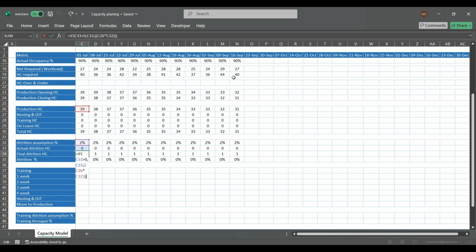However, we have considered the assumptive head count here. Okay, and apart from that we would need to calculate the attrition percentage, so we would need to add first the numerator: actual attrition head count, divided by the average production head count, considering the average between opening head count and closing head count for production. Row number 23, 24. Okay, so I hope you will get the correct information from here.